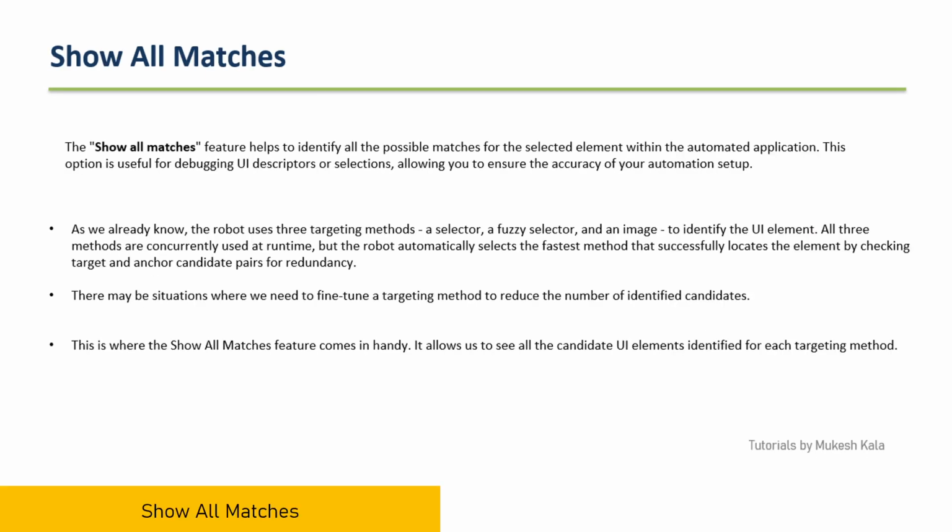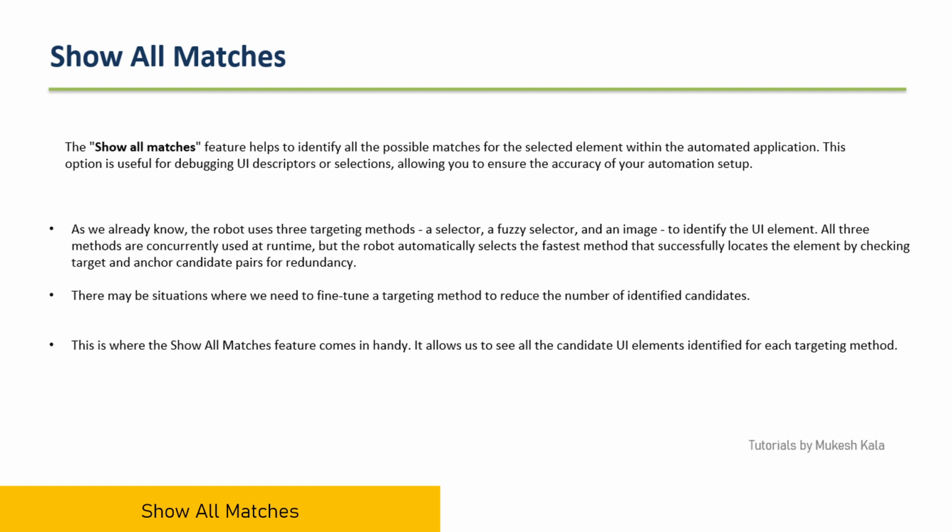Next, let's talk about the option which is called show all matches. It is a feature which helps you identify all the possible matches of the selected element within the automated application. This option would be very helpful when you are debugging the UiPath UI descriptors or the selections, right?